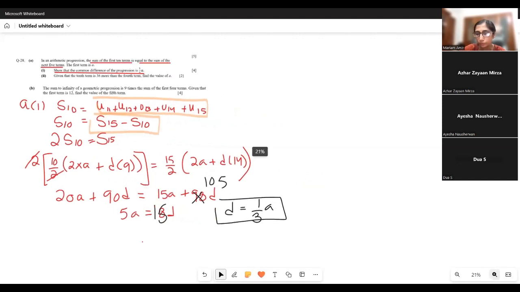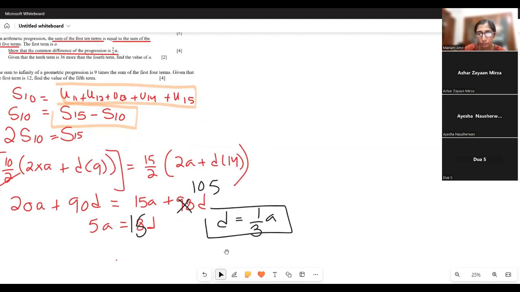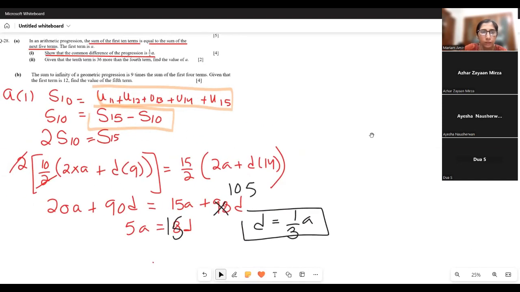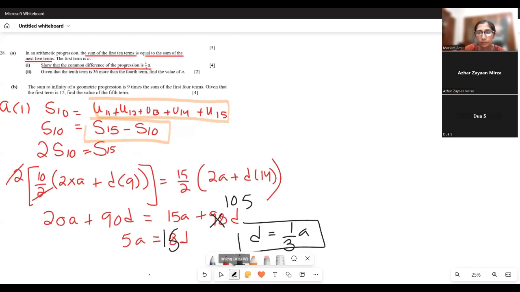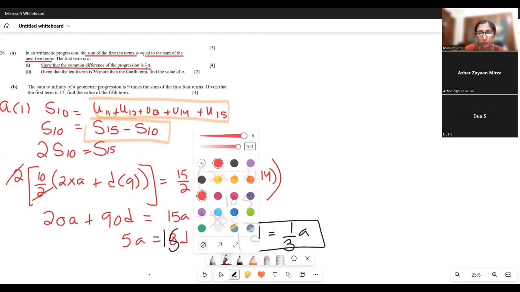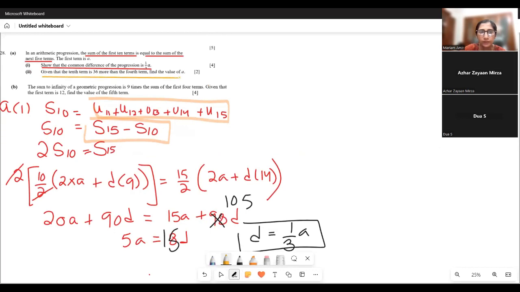Part 2. Given that the 10th term is 36 more than the 4th term, find the value of A. 10th term is 36 more than the 4th term. So अगर इसकी equation कैसे बनेगी? 10th term is 36 more than the 4th term.